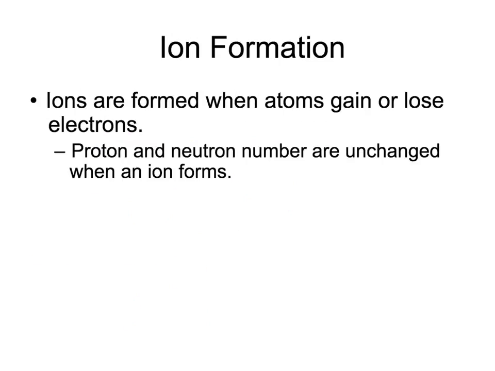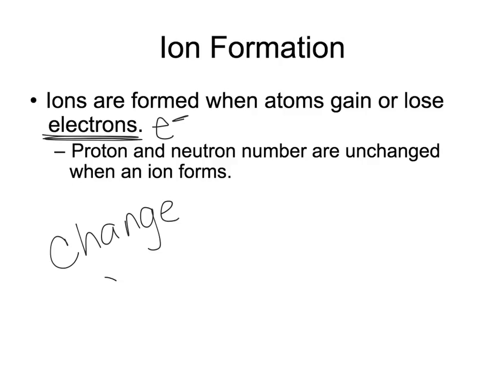Another part of the atom that can change is the electron. Electrons are the negatively charged particle. So that means that when an ion forms, we're going to change the charge of the atom. It's no longer going to be neutral.